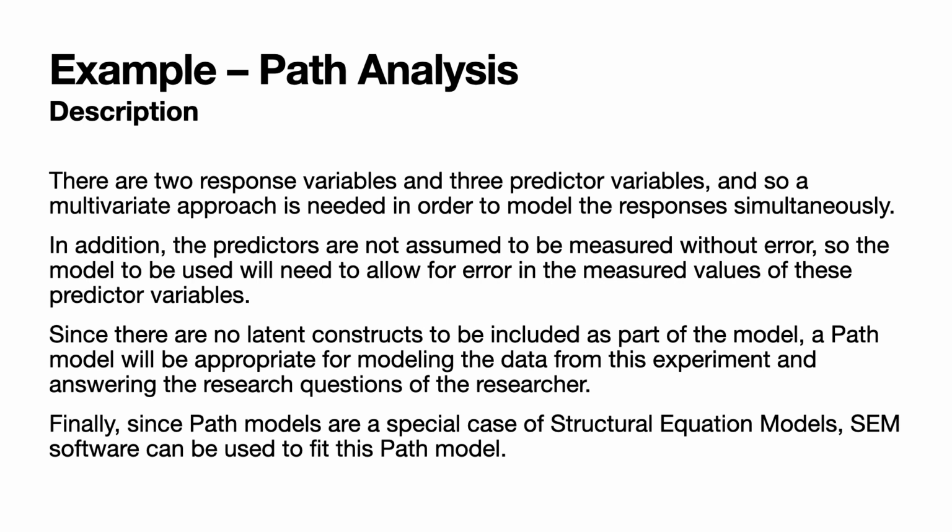Since there are no latent constructs to be included as part of the model, a path model will be appropriate for modeling the data from this experiment and answering the research questions of the researcher. Finally, since path models are a special case of structural equation models, SEM software can be used to fit this path model.